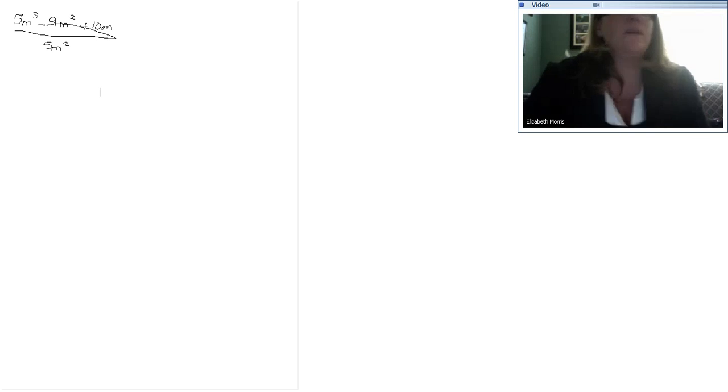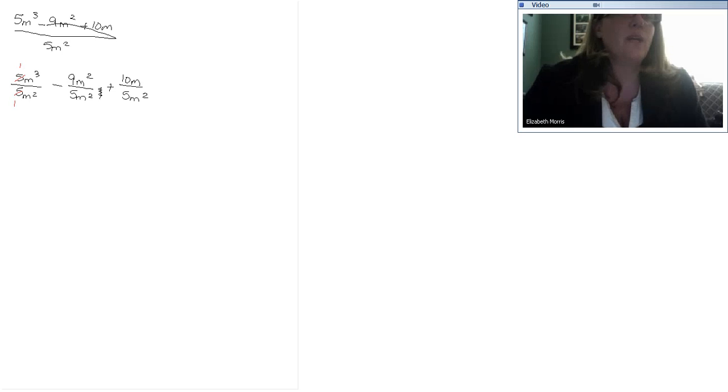Well, that means I can rewrite it as 5m cubed divided by 5m squared minus 9m squared divided by 5m squared plus 10m divided by 5m squared. All right, now let's talk about what we can reduce. Okay, well, the 5 becomes a 1 and the 5 becomes a 1.